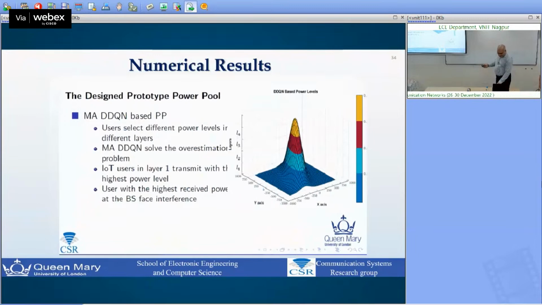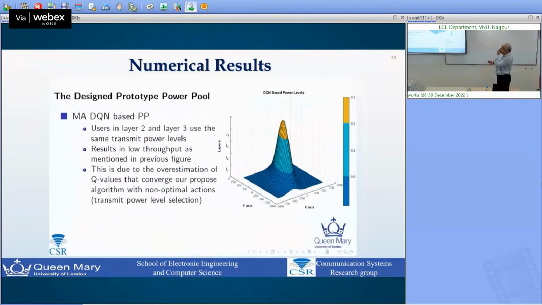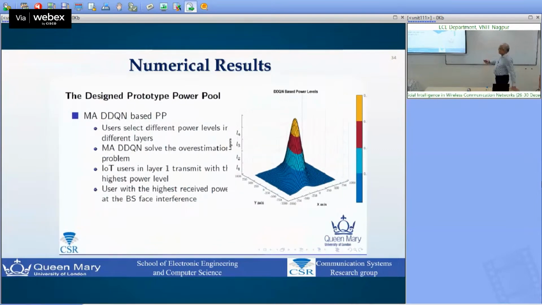Because of the overestimation problem, the transmit power level for layer 2 and layer 3 is the same, because it is not optimally selected. When we have double DQN, it solves the overestimation problem, so here we have separate power levels.